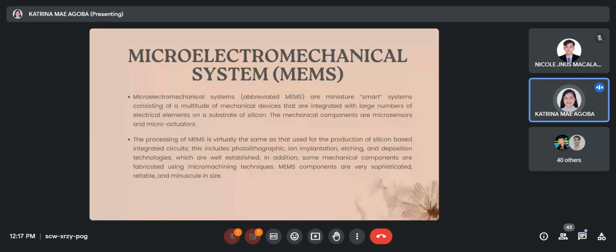MEMS are classically micromachined from silicon. Various types of silicon wafers exist, and silicon can be doped to varying conductivity levels. Additionally, functional materials can be added to provide various capabilities such as electrode layers or piezoelectric layers.